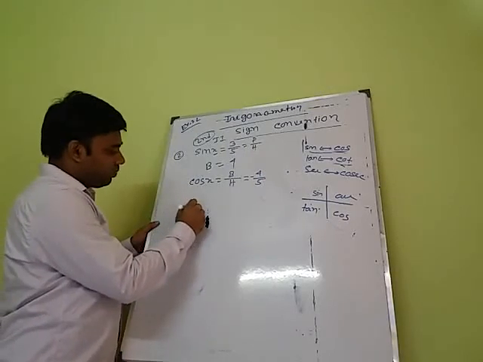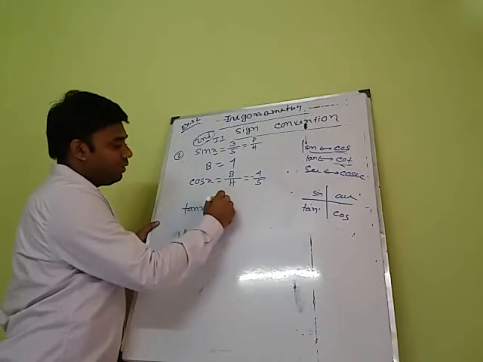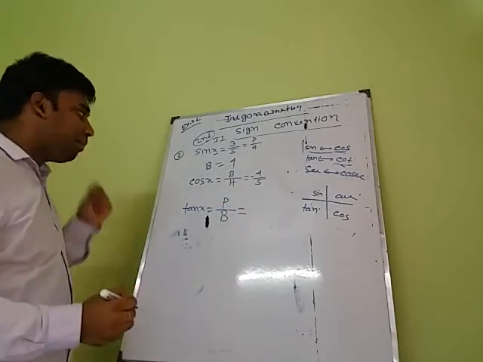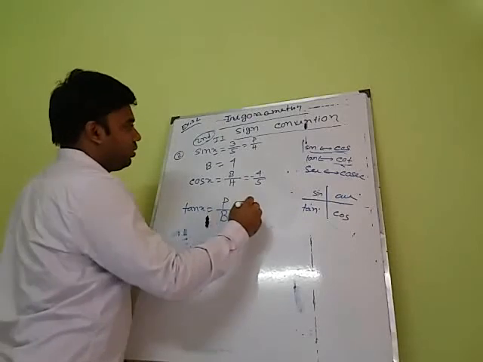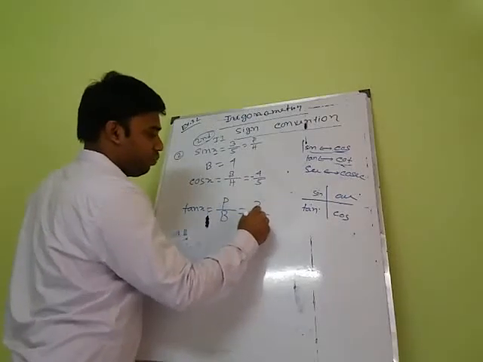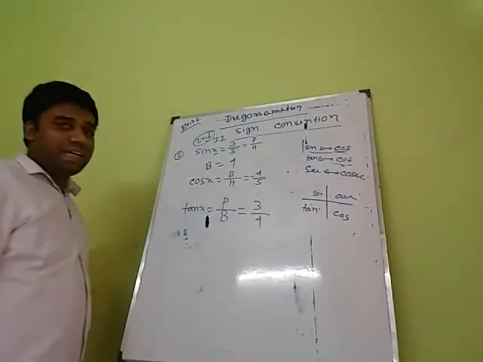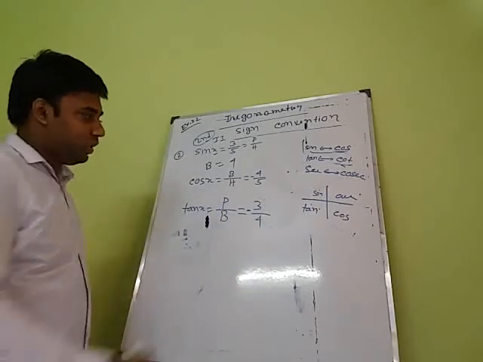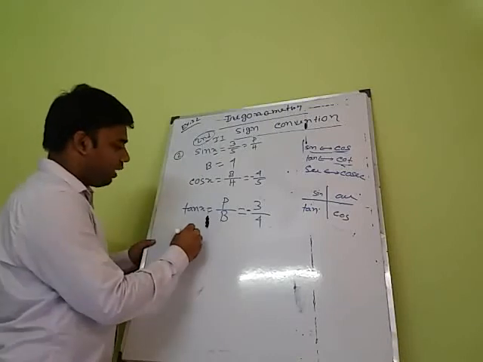Tan x equals P by B, that is 3 by 4. In the second quadrant, is tan negative or positive? Negative, so minus. Now what will be the value of cot x?